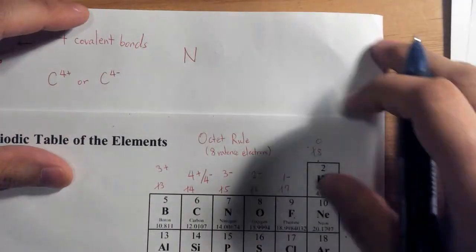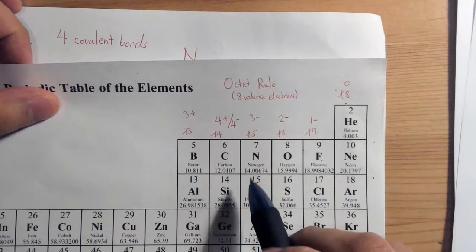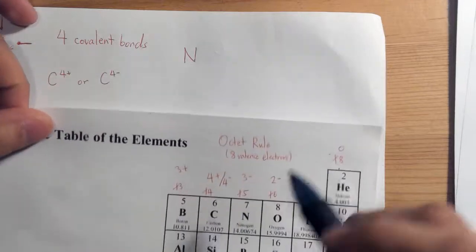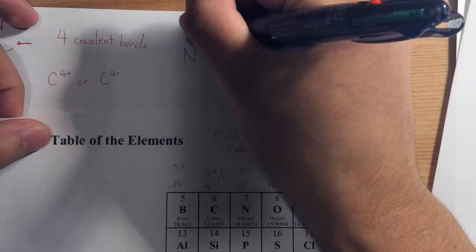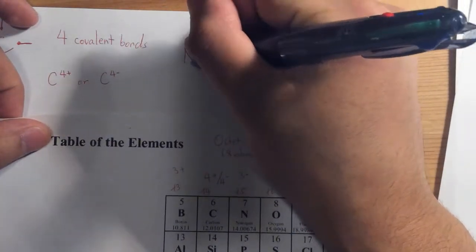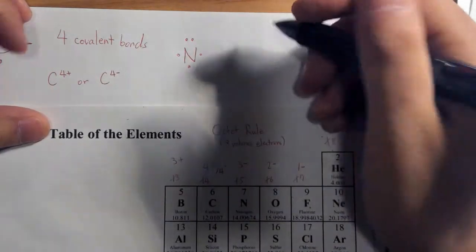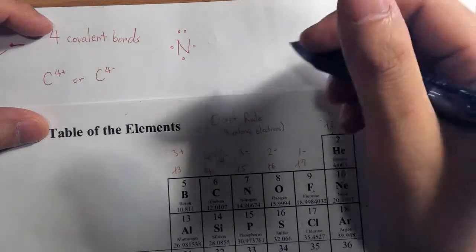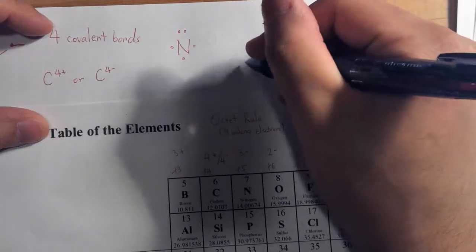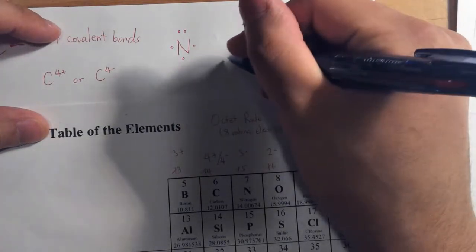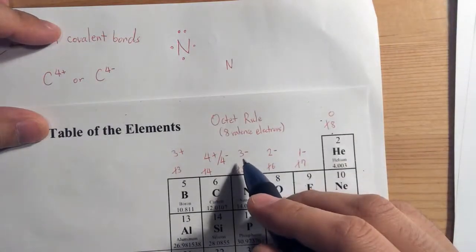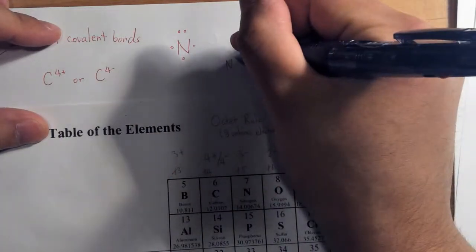So nitrogen has how many valence electrons? If we look at the periodic table, there are 5 valence electrons. So I'm going to draw 5 valence electrons around the nitrogen. Next, I'm also going to put a 3 minus charge here because it's nitrogen.